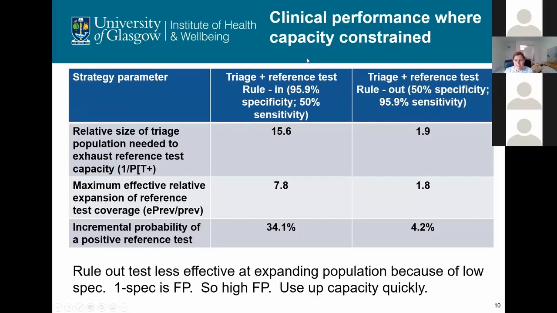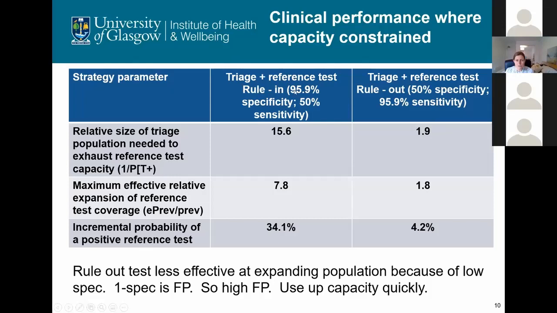This is the clinical performance where capacity is constrained, and the main point to note here is that the relevance of the metrics that we were looking at previously has been replaced. So we've got new metrics here. We're interested in how many more people we can test.